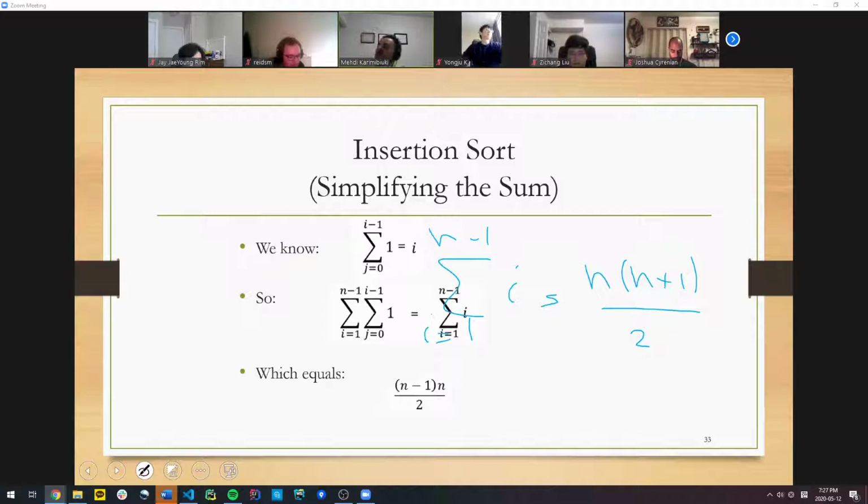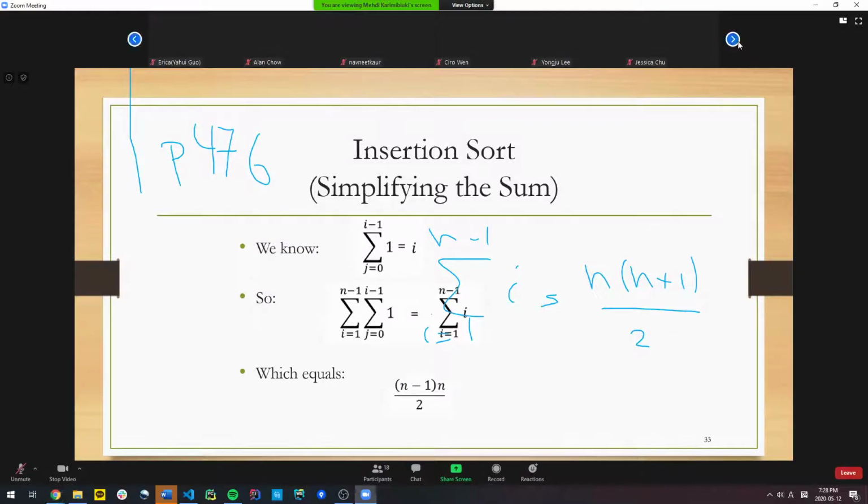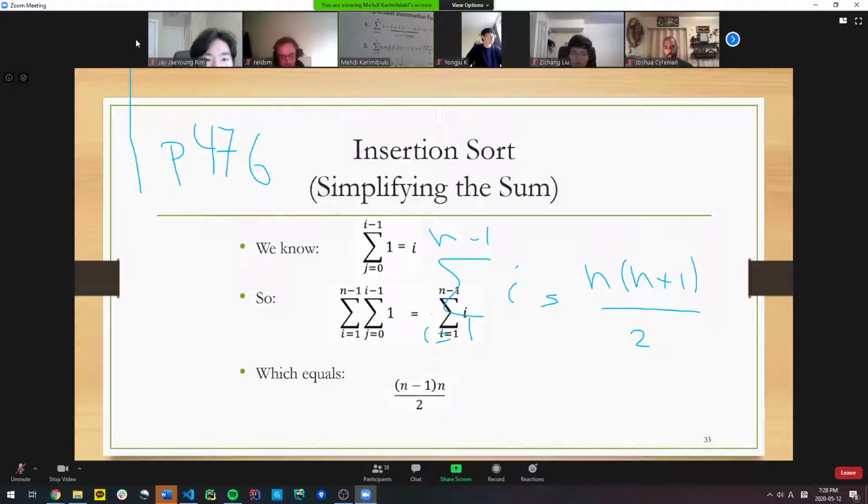Right. So if you look at page number 476, I don't know if you guys can see that, but we have number 2 that tells that it should be n times n plus 1 divided by 2 when the lower bound is 1 and the upper bound is n, right?